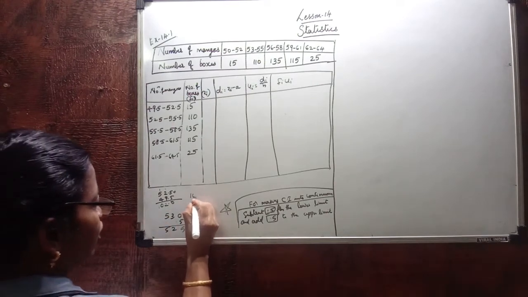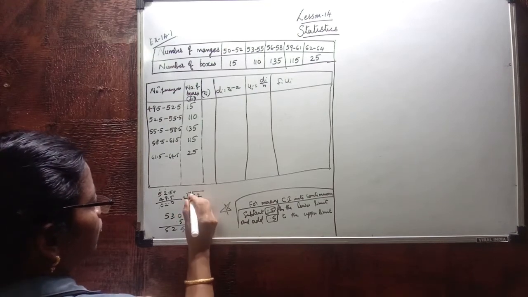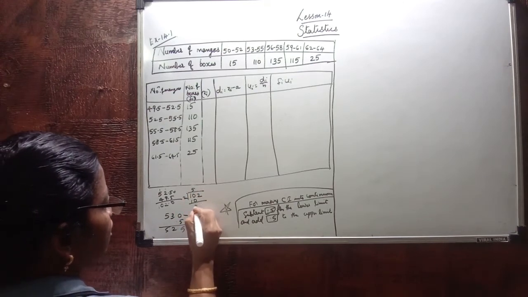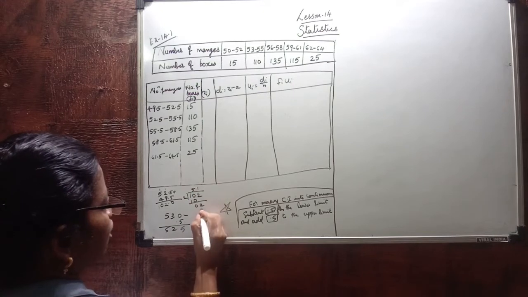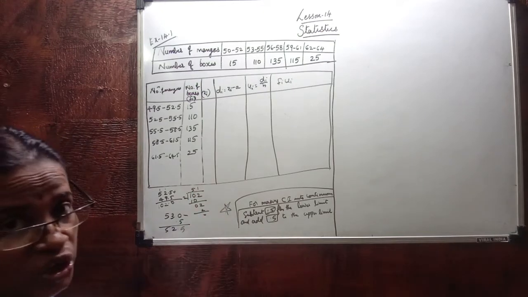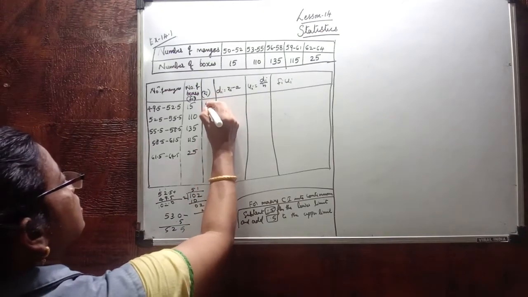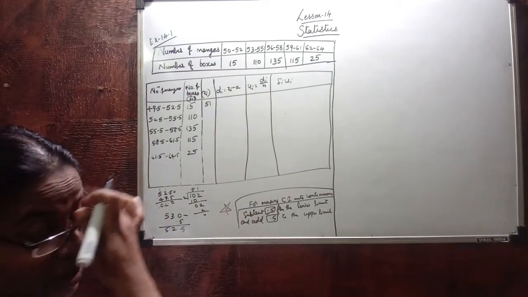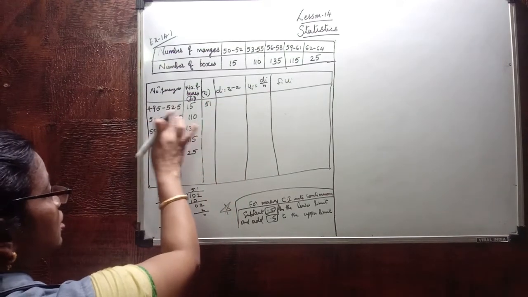So 102 divided by 2: 5 twos are 10, 0, 2, 1, 51 you will get. So Xi is 51. Now what is the class size of this class?